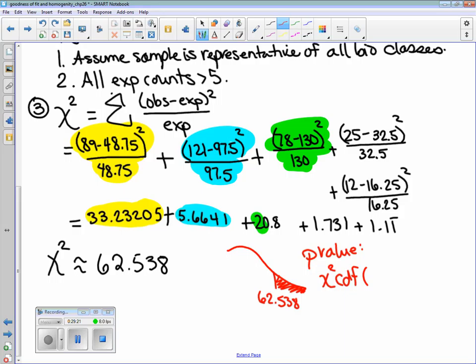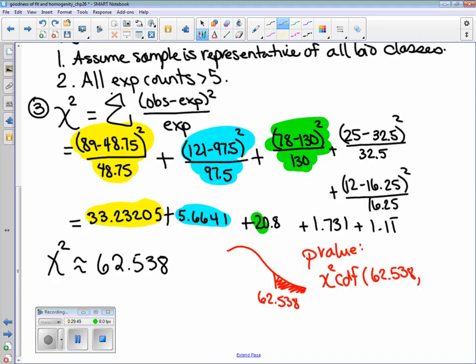Okay? So chi-squared CDF on option 8 is going to ask you a series of questions. It's going to ask you for a lower bound, an upper bound, and a degree of freedom. According to my shaded area, what's the lower bound of the shaded region? It's just 62.538, right? So 62.538.